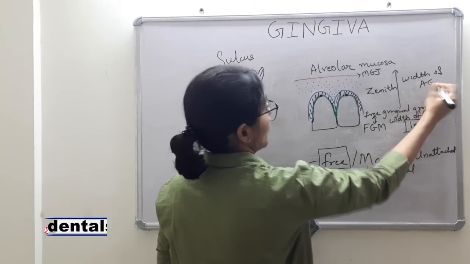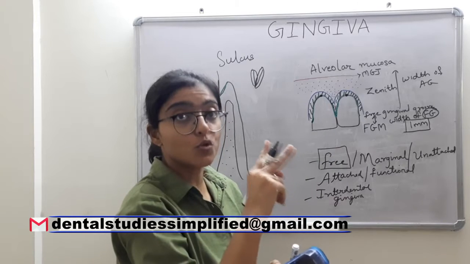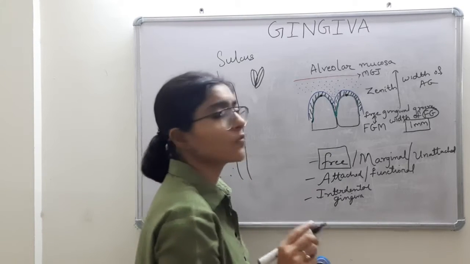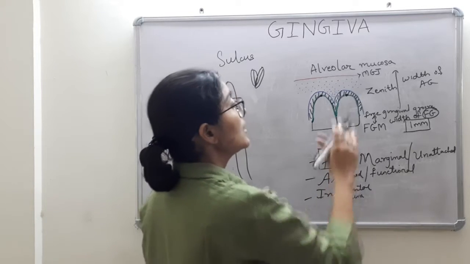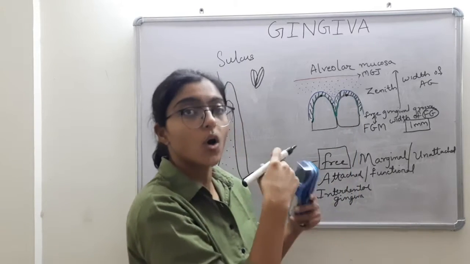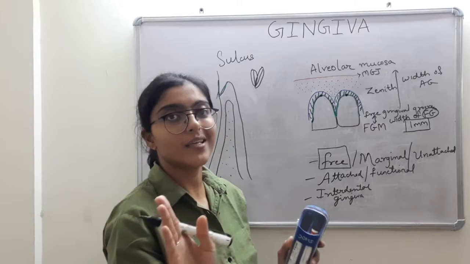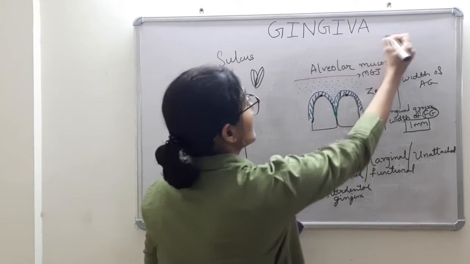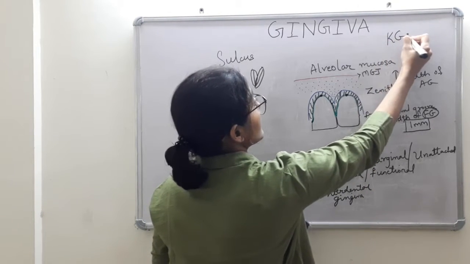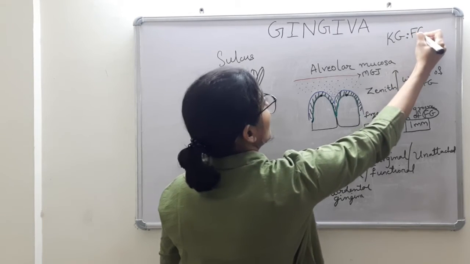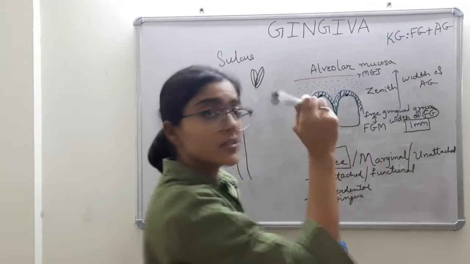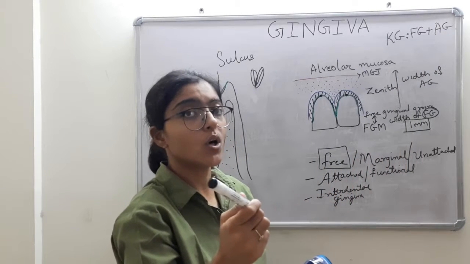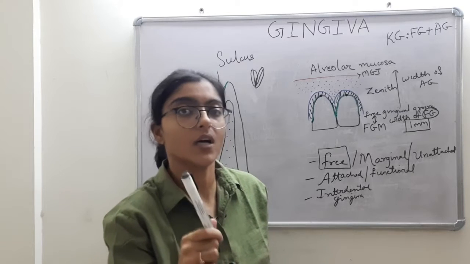attached gingiva. Now apart from these two widths, again there is one more very common confusion, width of keratinized gingiva. Remember, free gingiva or attached gingiva, both are keratinized. So keratinized gingiva is the sum of the width of free gingiva plus the width of attached gingiva. This is already discussed in my video on assessment or measurement of width of attached gingiva.